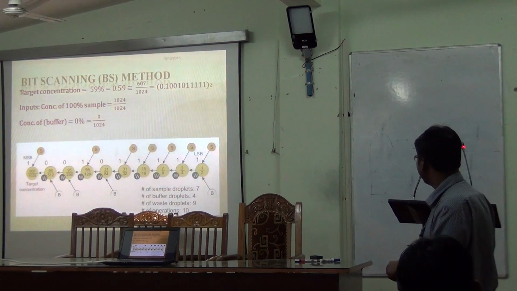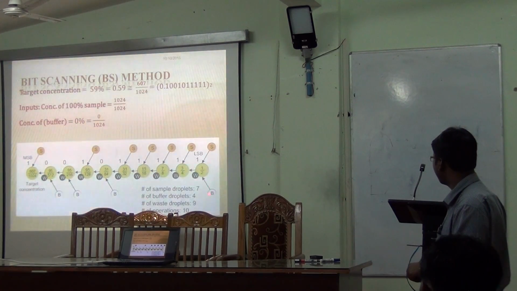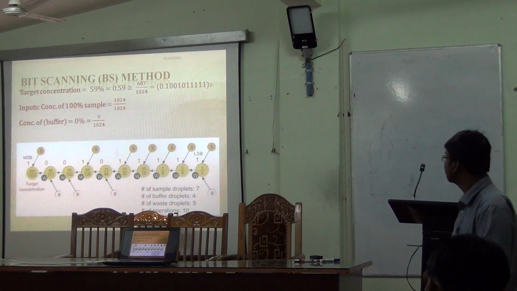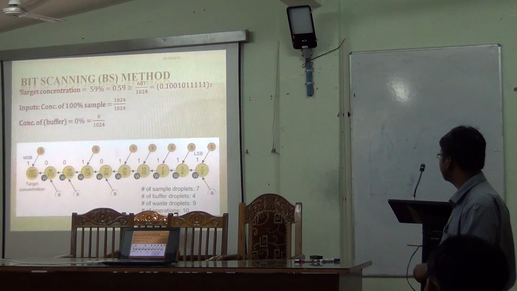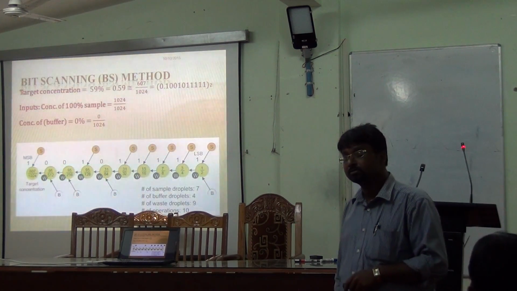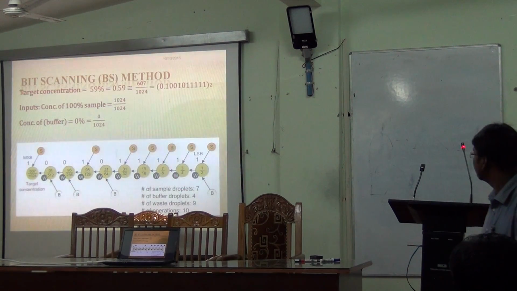Then when we have a sample of HCl and a buffer of water, we mix them and it becomes 50%. Again we have a sample, so 1 plus 1 by 2, that is 3 by 4, and so on.